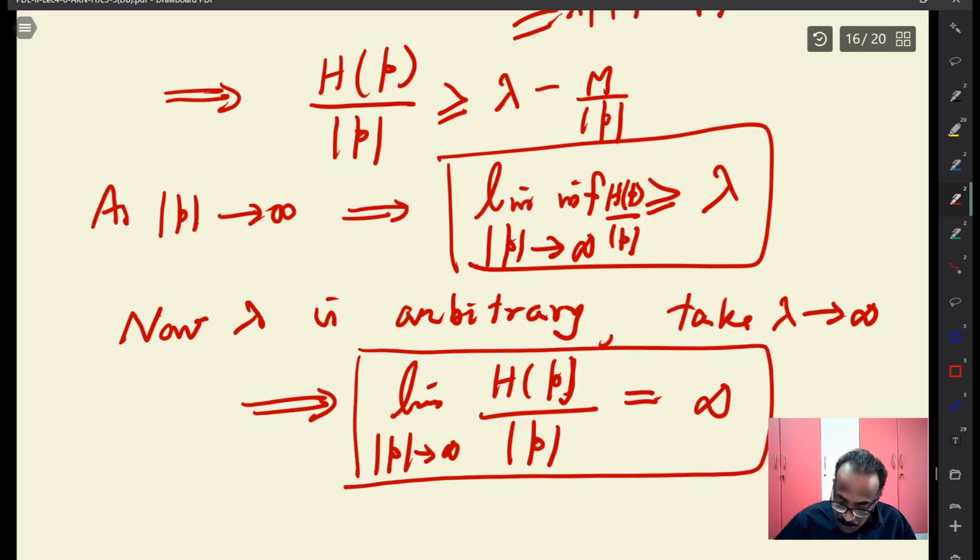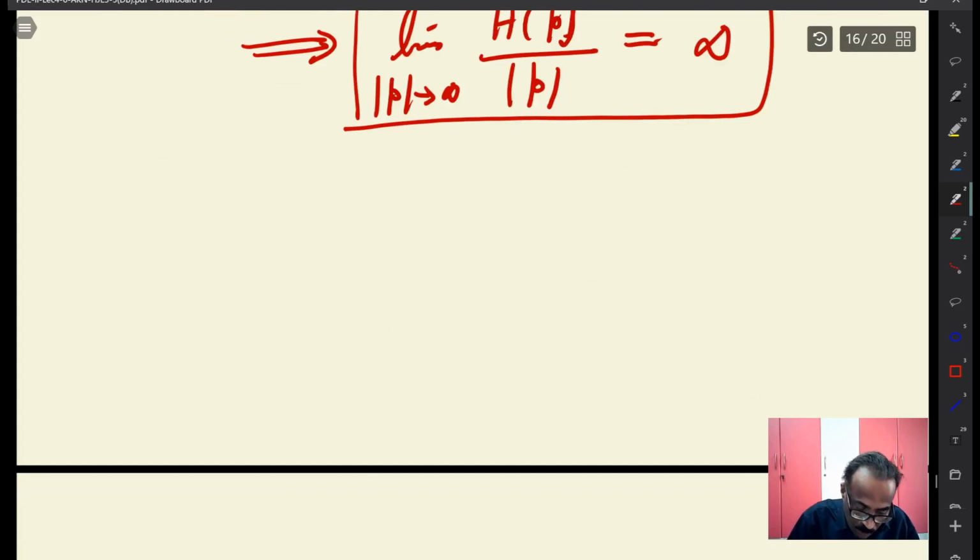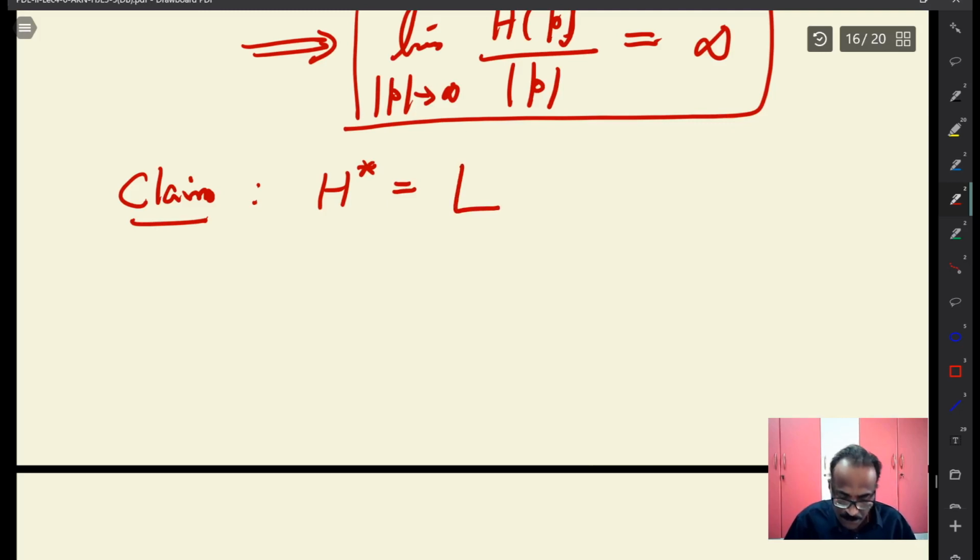Now you have to prove the main claim, H star is equal to L. Since it may take some time, maybe I will skip the proof.